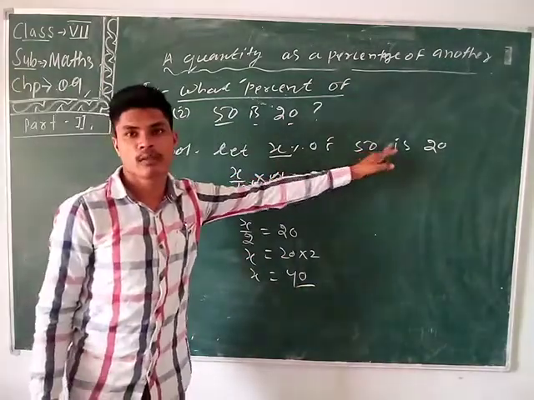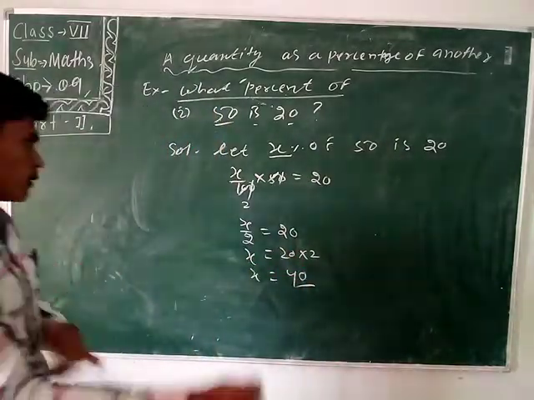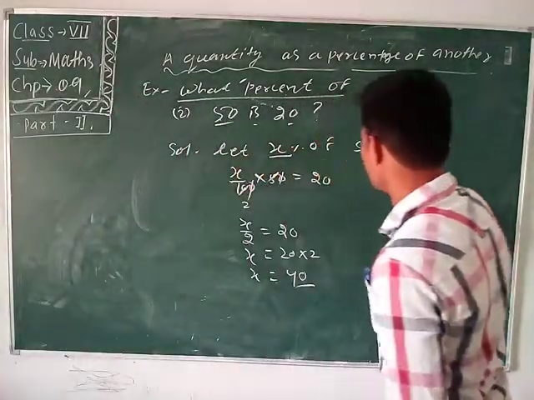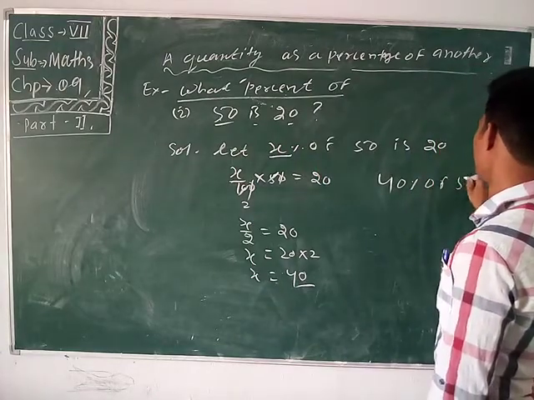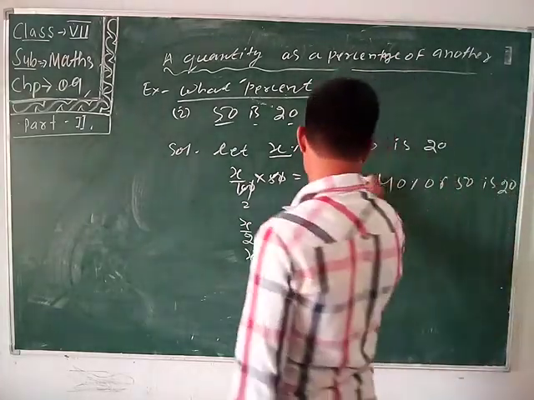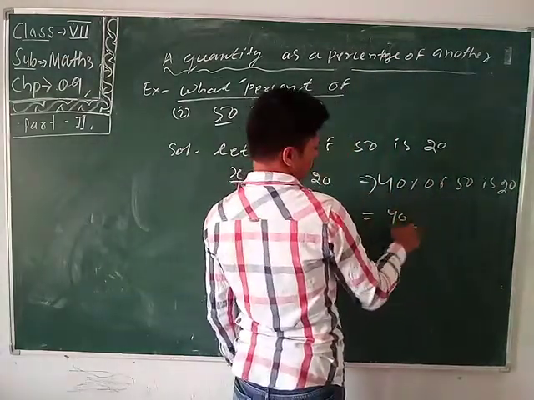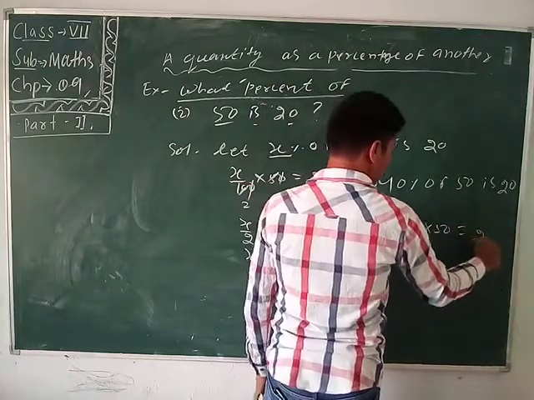Is it correct or not? We can verify. x equals 40, so 40% of 50 is 20. Verify: 40 by 100 into 50 equals 20.